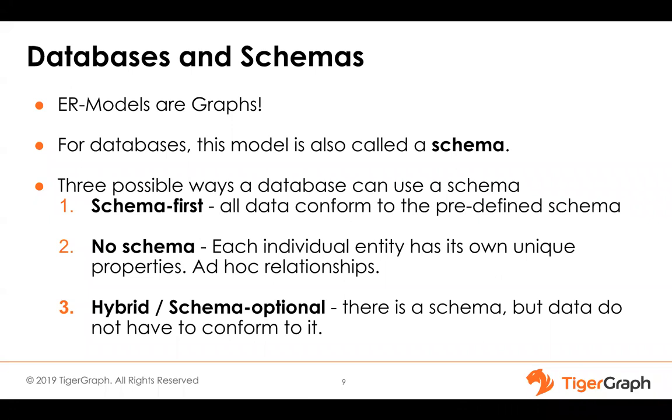You could call it weak conformance, or there's a range here. Just like we have a spectrum, schema first, where all data must conform to the schema, or no schema, you can pick somewhere in between that works for you.